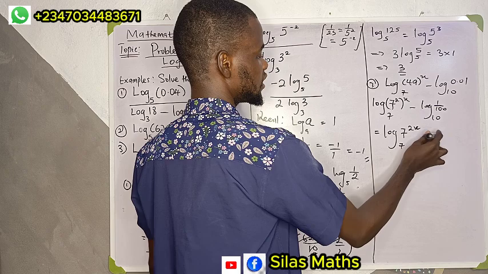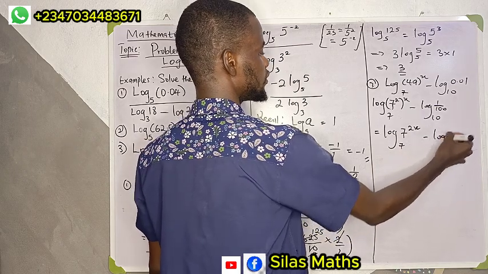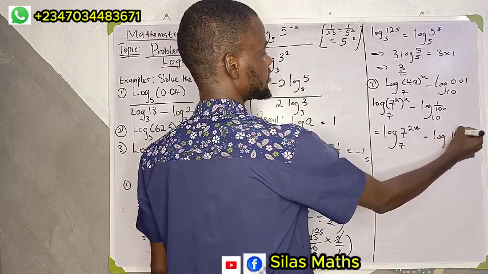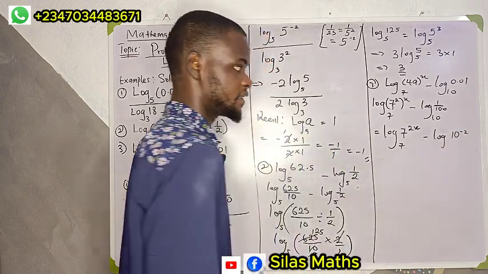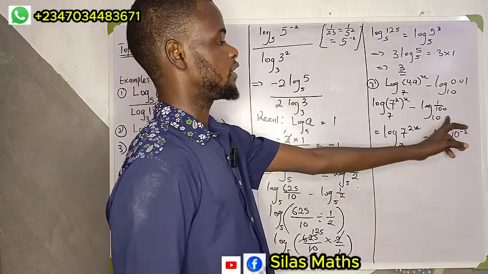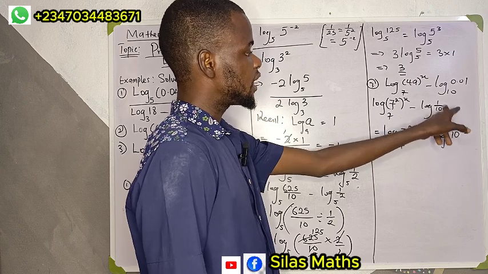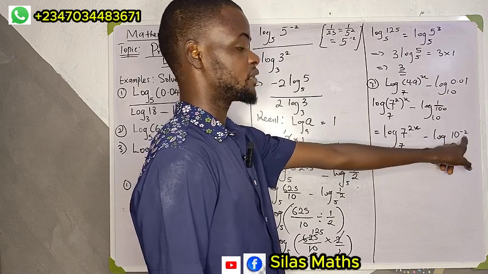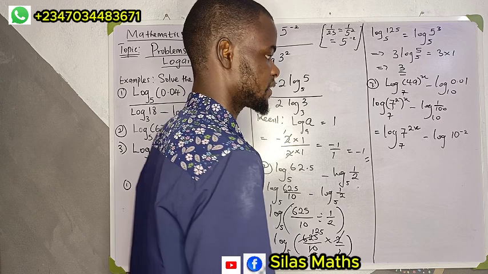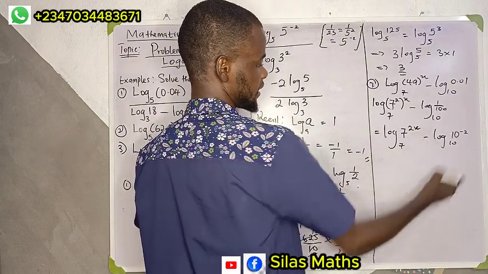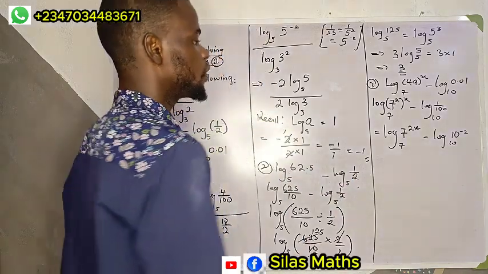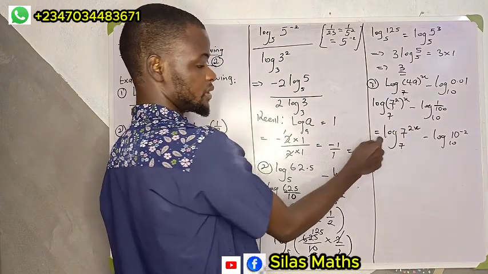So that will give me logarithm of 10 to the power of minus 2. Yes, recall that this is 1 over 10 to the power of 2, and because of this reciprocal, it becomes a negative index, or a negative power, base 10. So we go ahead and use the power to multiply the log.